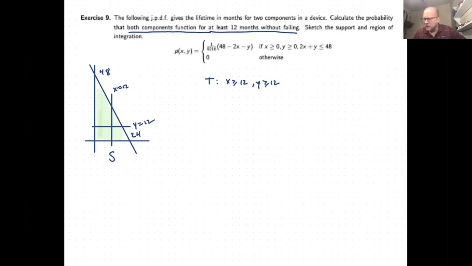And we might want to check that intersection, the point 12, 12, and see whether that is going to be in our support or not. So if you check that, you're just checking 2 times 12 plus 1 times 12, and that's 36, which is less than or equal to 48.